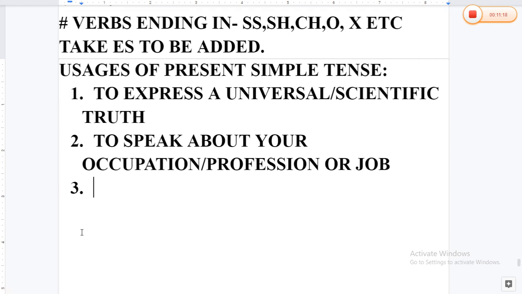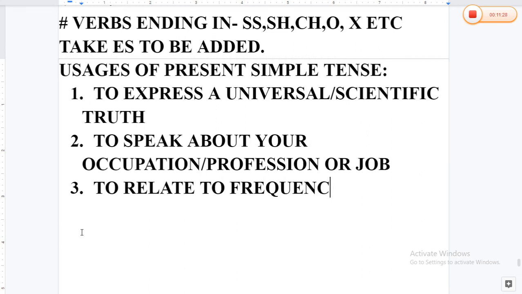Third, to relate to frequency or rate. These are the three places where you only use present simple tense, and other tenses are not grammatically and logically correct here. And now we see some adverbials of present simple tense.